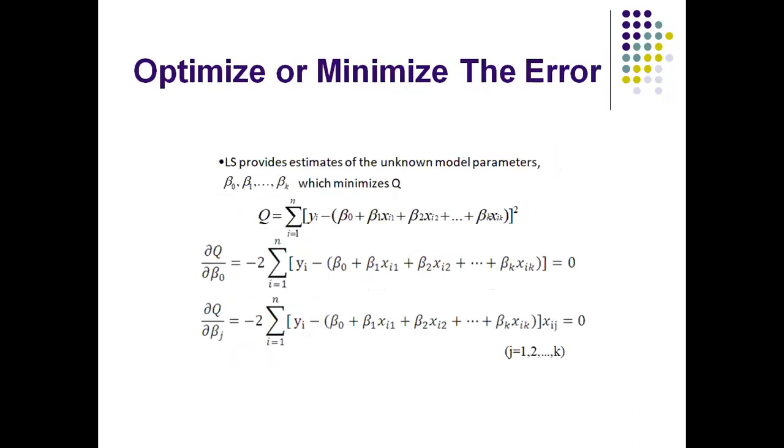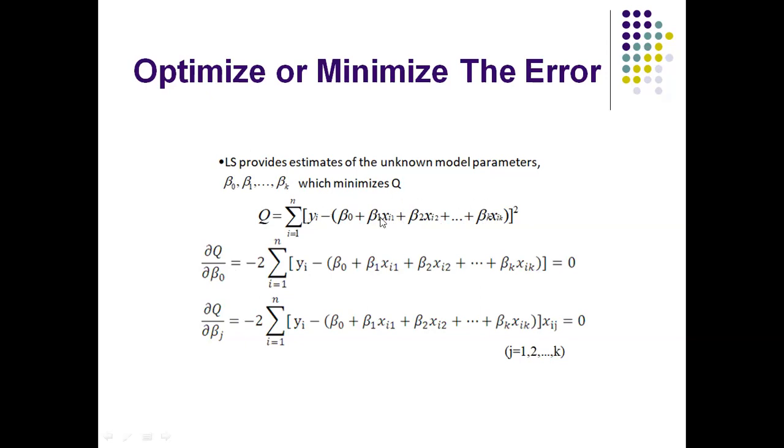Next, I said repeatedly, in multiple regression, supervised learning is nothing but an optimization process. So in this case we have the loss function, that is the error term: the actual value yi minus the predicted value from the regression equation.